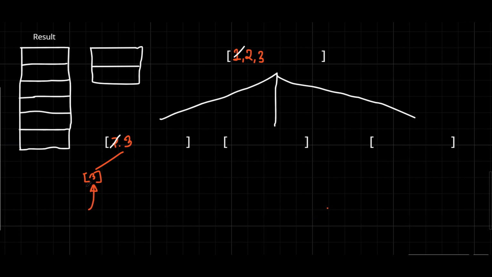So we don't have to further explore anything from here. Now we have to get back to the caller node or the parent. And now, as we ignored the value 2, we have to append the value 2 at the end of the list here.